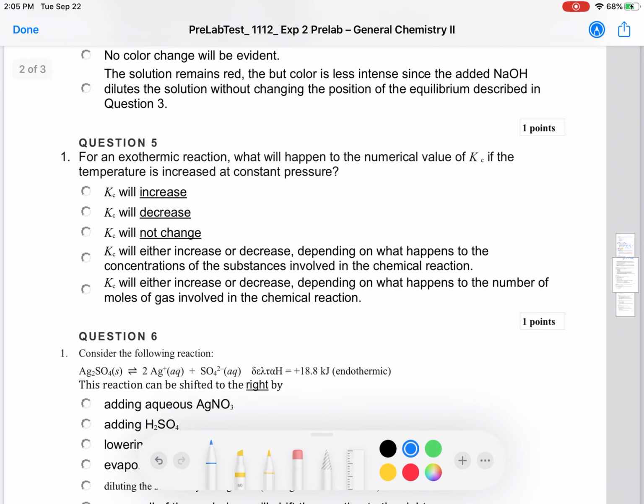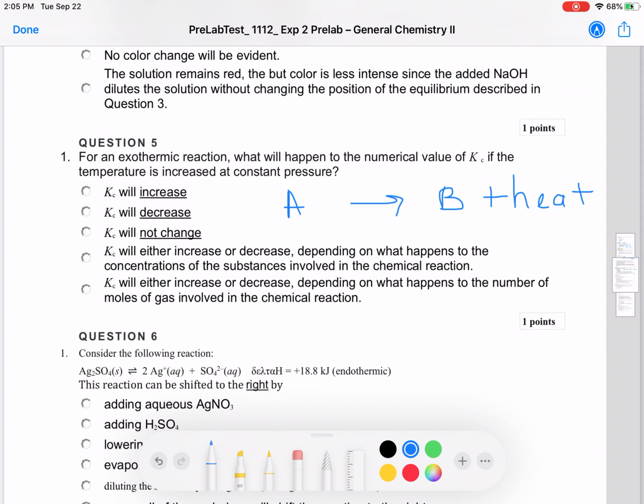In an exothermic reaction, let's say you have A giving you a product B, and you can also consider heat as a reactant or a product. In an exothermic reaction, where do you find the heat? Heat is a product. So this is what is happening in an exothermic reaction: A forms B and releases heat. So heat is a product.